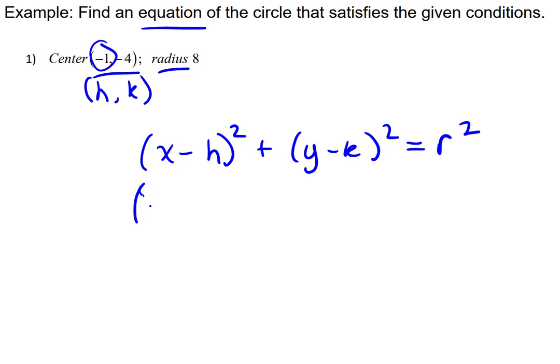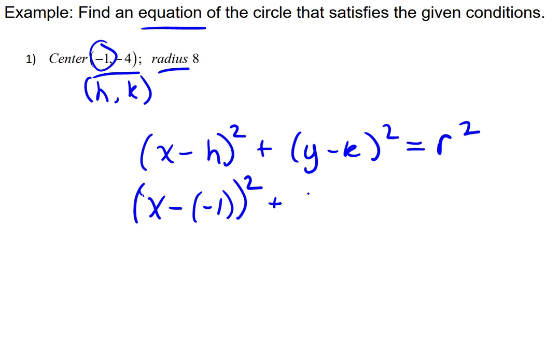Now when you plug in h as -1, that means you'll be writing (x minus -1) squared. You might already be sensing the double negative that's about to occur here. We'll deal with that in a second. Let's keep going. So we have (x minus -1) squared, plus the general form next has (y minus k) squared.